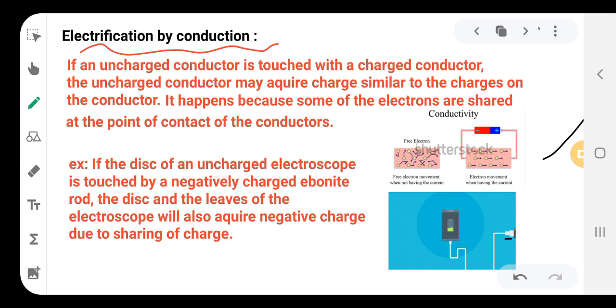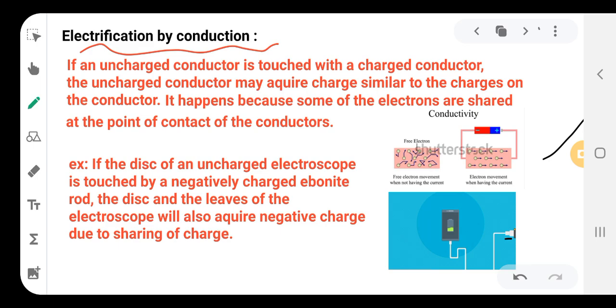All the devices we use work by electrification by conduction. I will read out: if an uncharged conductor is touched with a charged conductor, the uncharged conductor may acquire charge similar to the charge on the charged conductor.